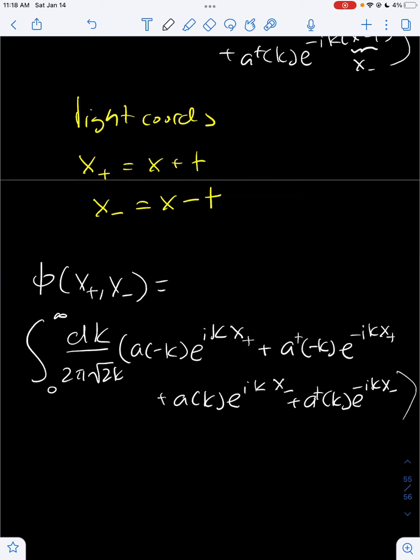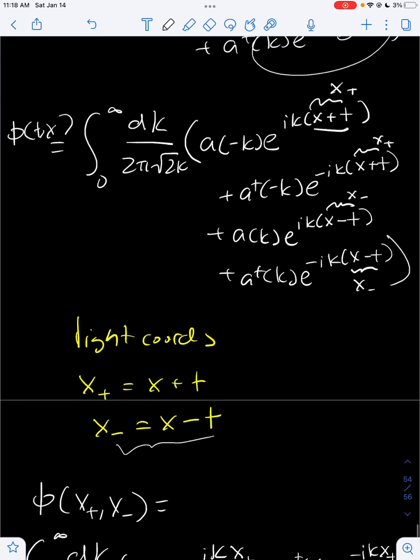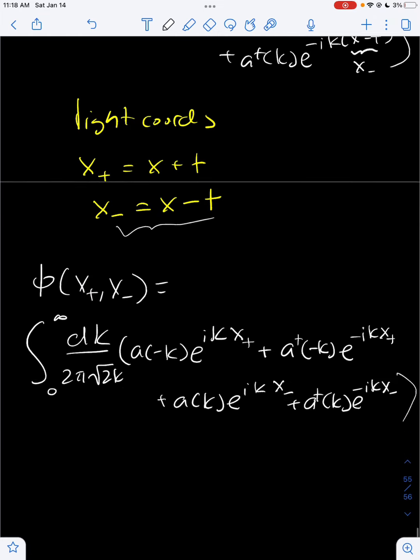I hope what I've explained so far doesn't seem too confusing. We just introduced new coordinates to simplify this into one thing. That's all we're doing over here.